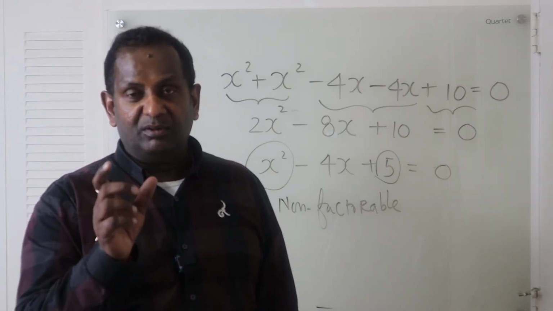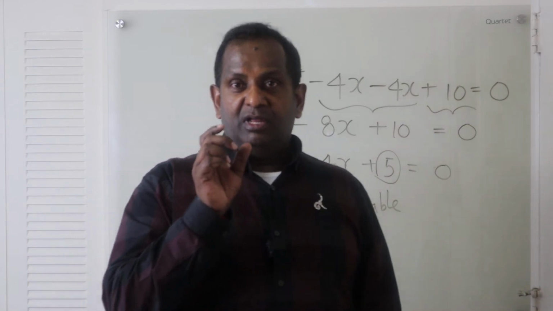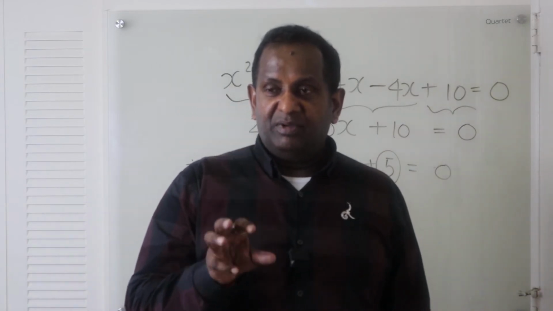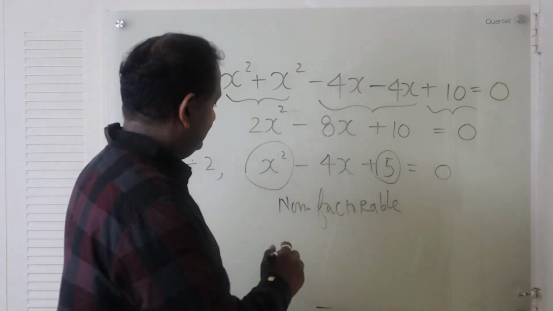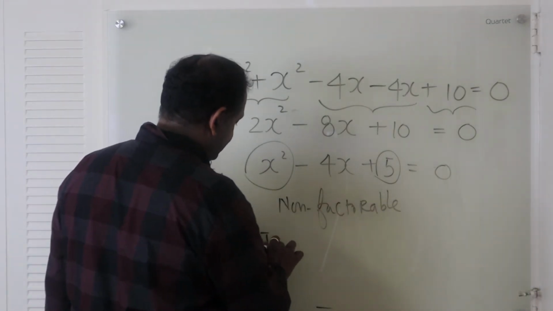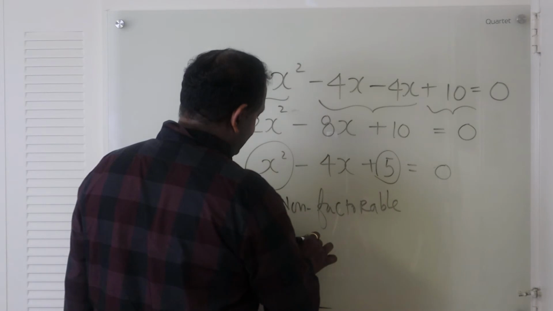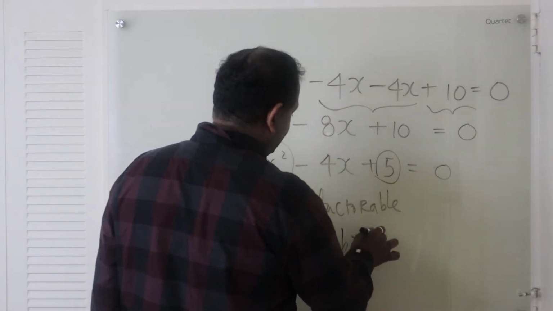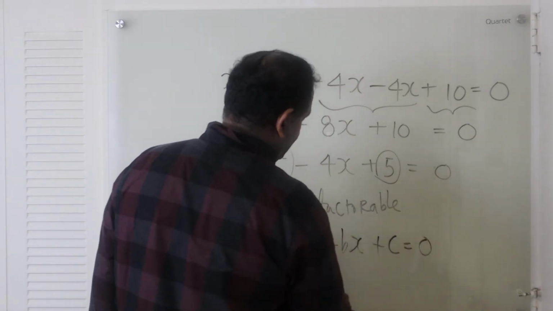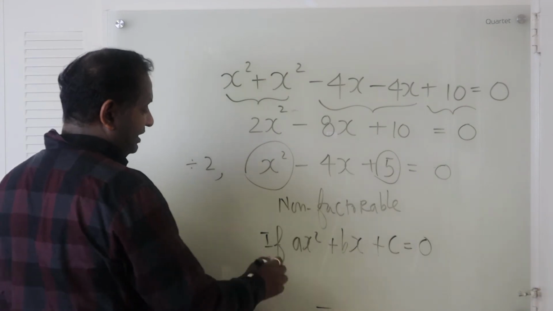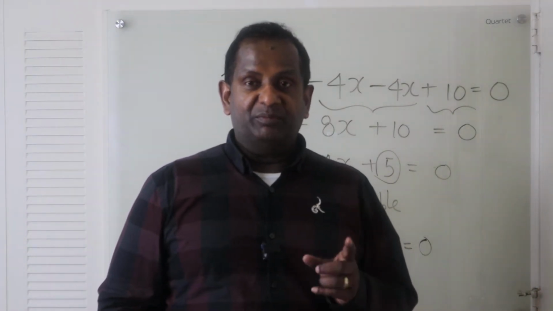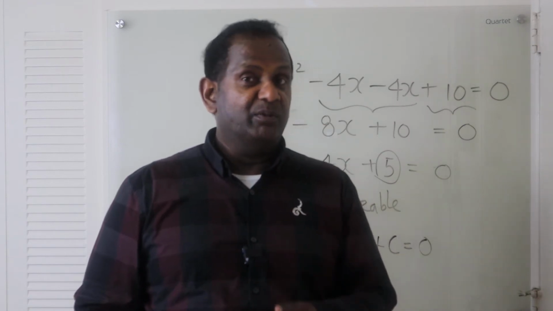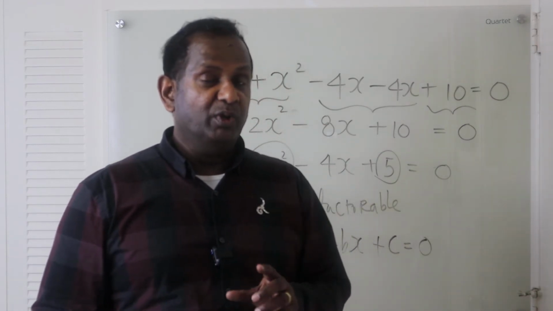Can you remember the quadratic formula? If the quadratic equation is given in ax squared plus bx plus c form, x can be evaluated by minus b plus or minus the square root of b squared minus 4ac, divided by 2a.